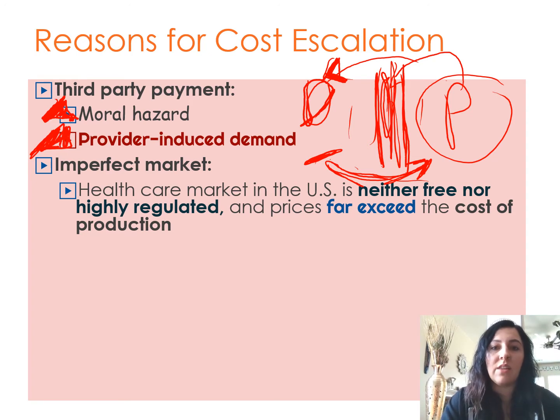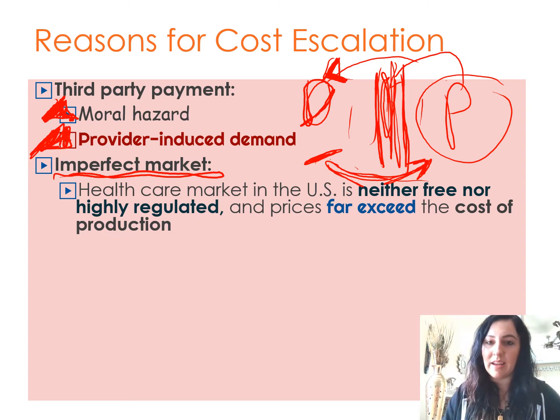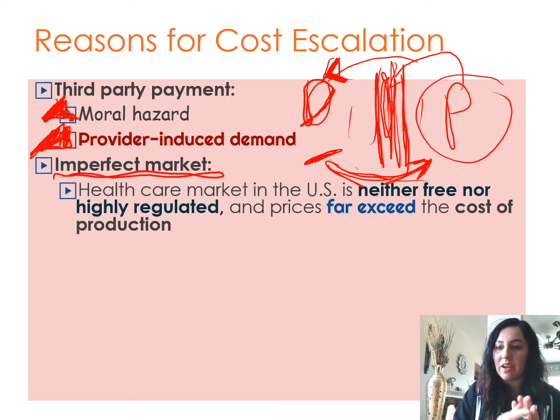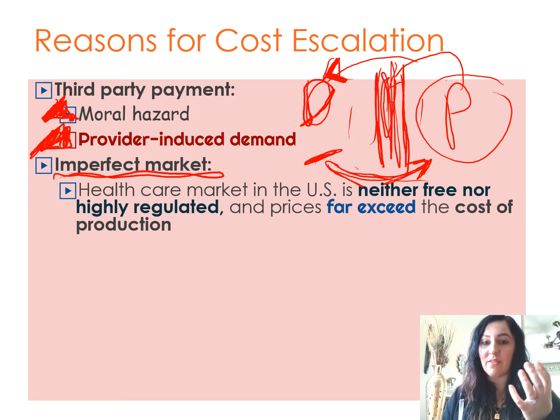Okay, so next, another reason for cost escalation is the fact that we have this imperfect market. Okay, remember we have this quasi-market. It's not a nice free market. It's not really controlled by supply and demand, because there's so much interfering with the physician to patient interaction and things like that. So we have neither a free market, nor do we have a very highly regulated market either.